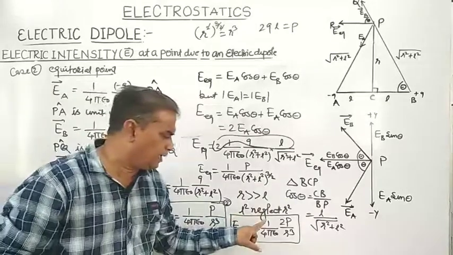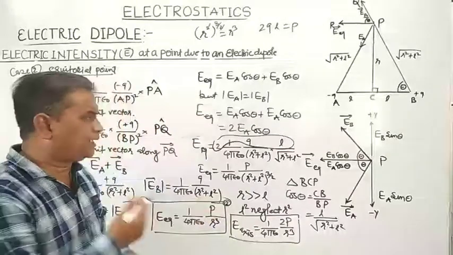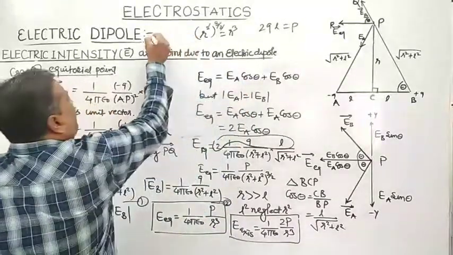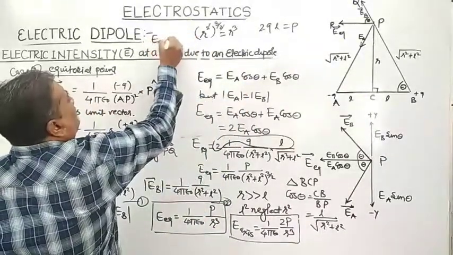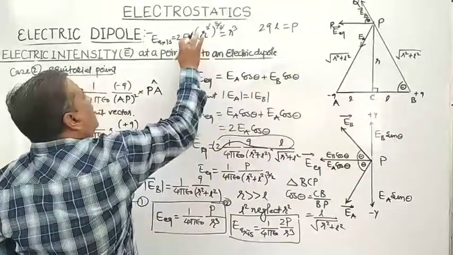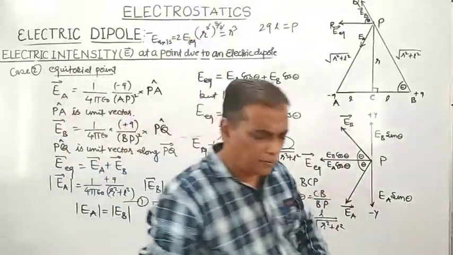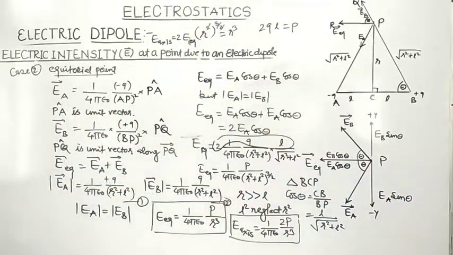E axis is equal to 1 upon 4 pi epsilon 0 2P by R cube. Means what we can say, that the electric field at any point along the axis is 2 times the electric field at any point along the equator due to an electric dipole. So this is all about electric intensity at a point due to an electric dipole.